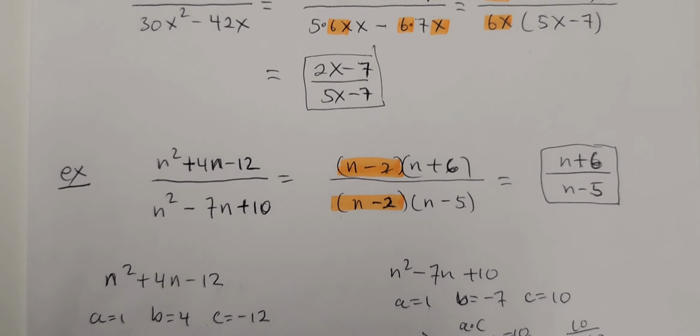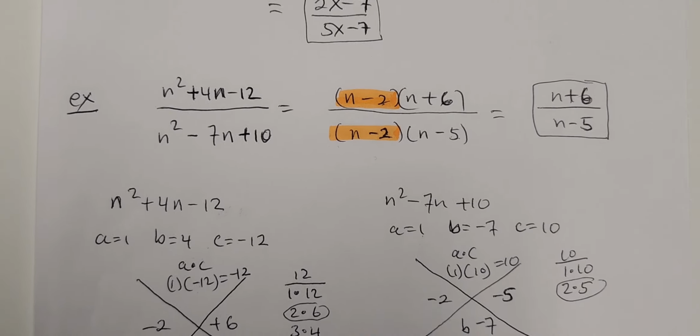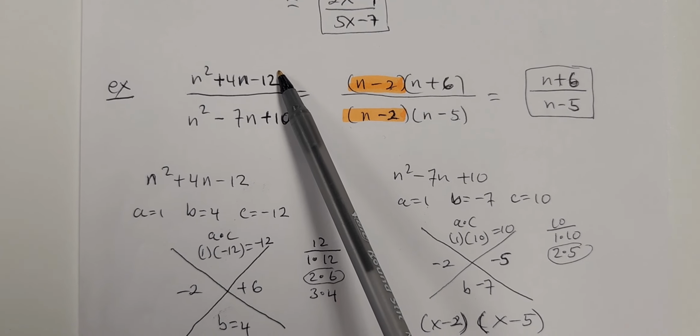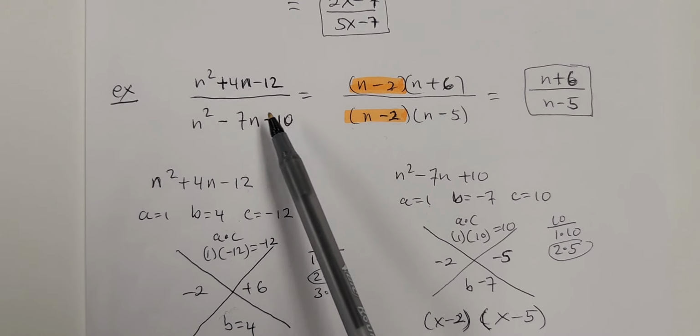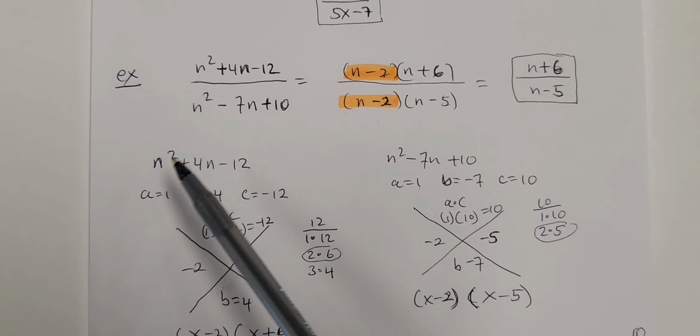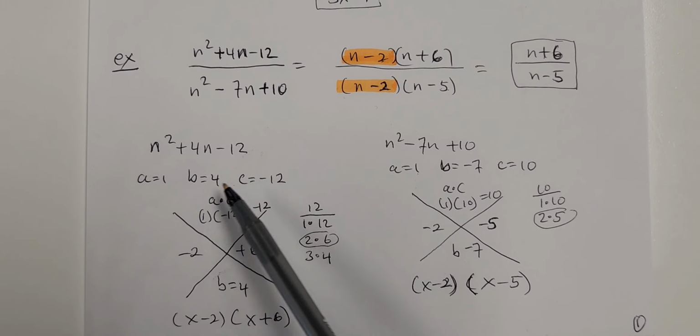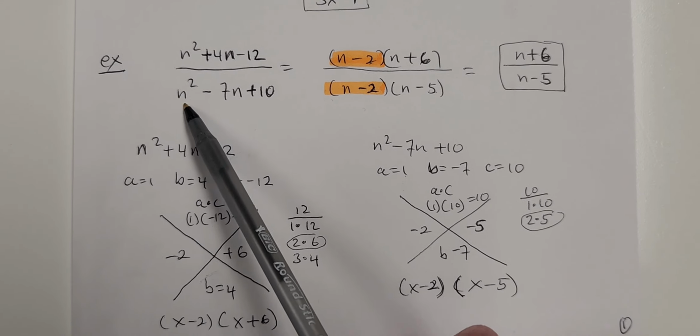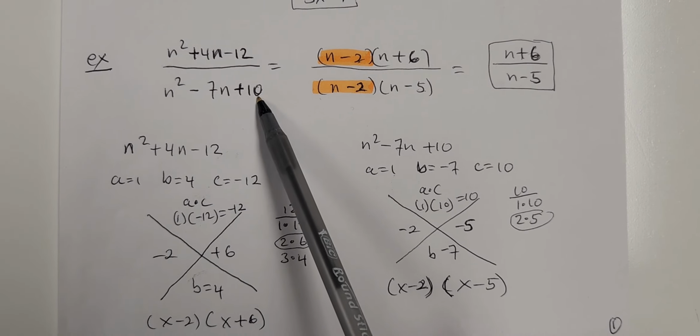Okay. Next example. Here I have 3 terms: 1, 2, 3 for the top, and also 1, 2, 3 for the bottom. You only do the A, B, C and this X method if you have 1 term, 2 terms, 3 terms.